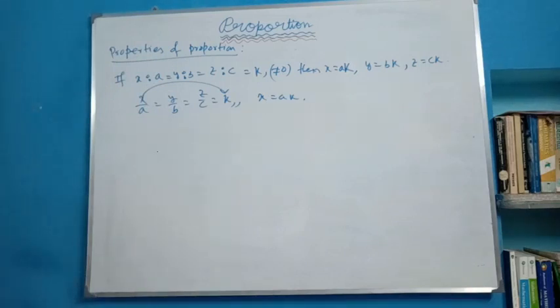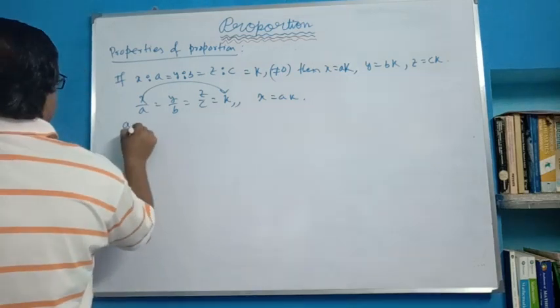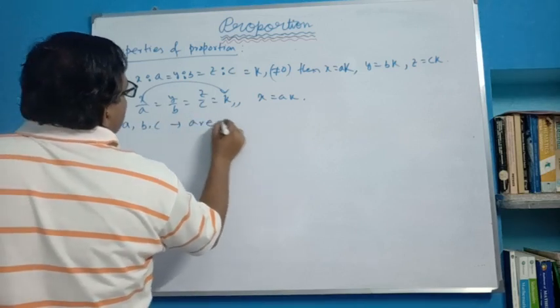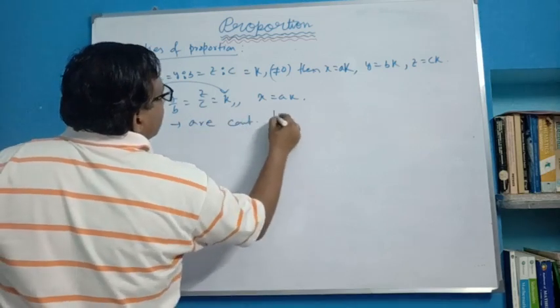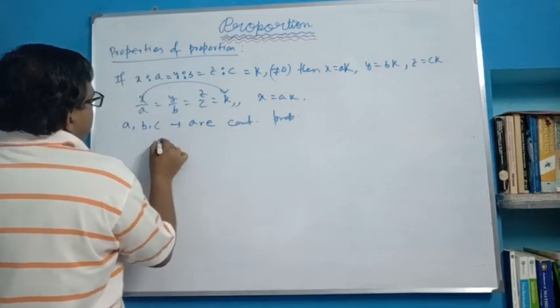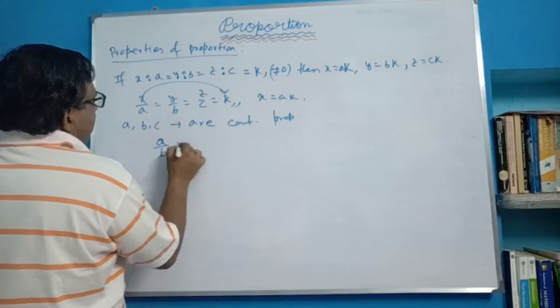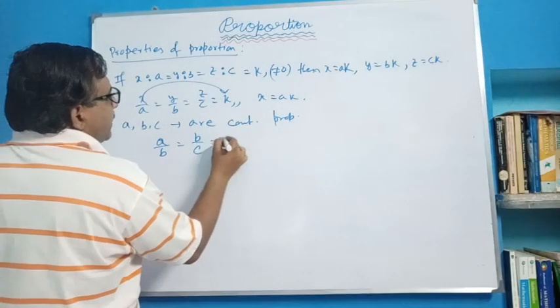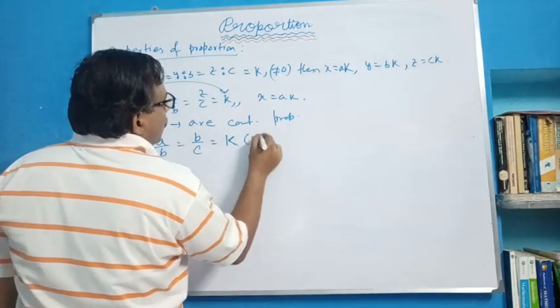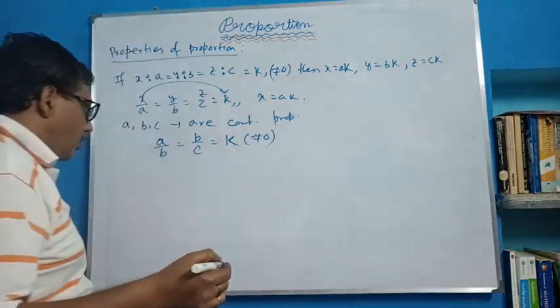Next, A, B, C are in continued proportion. That means A by B is equal to B by C. Suppose both ratios are equal to k, where k is non-zero.